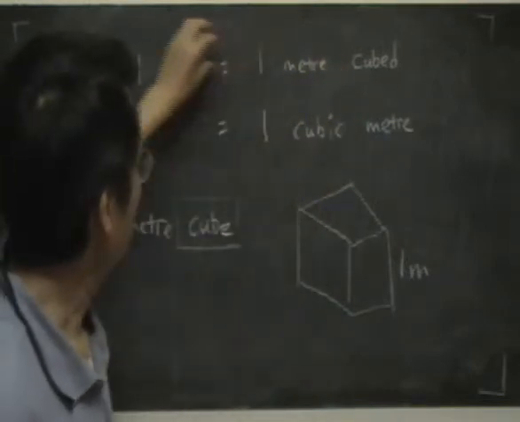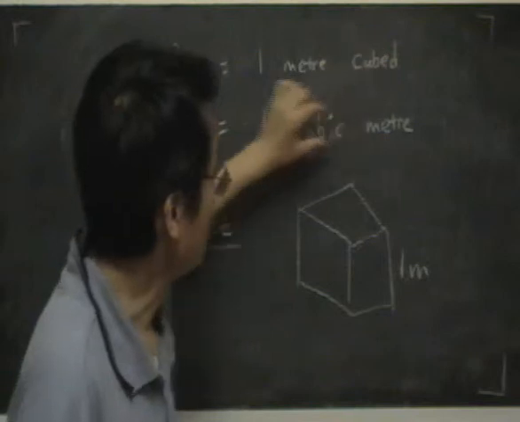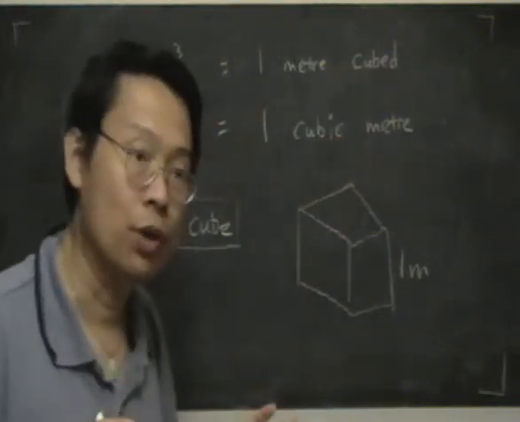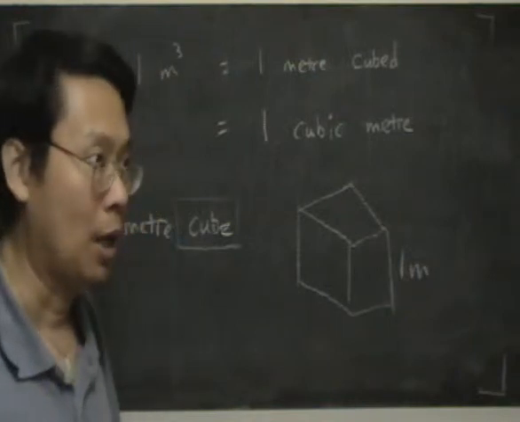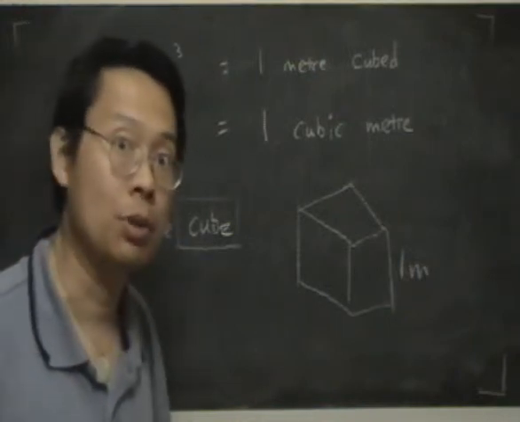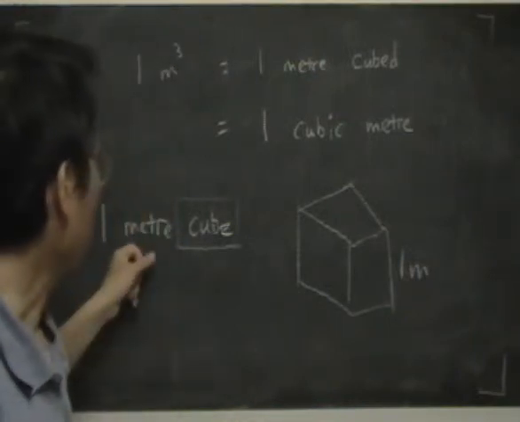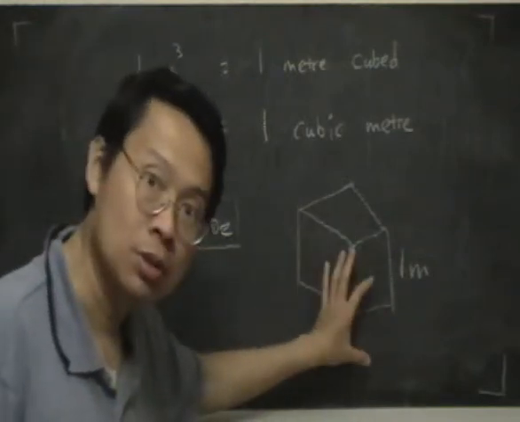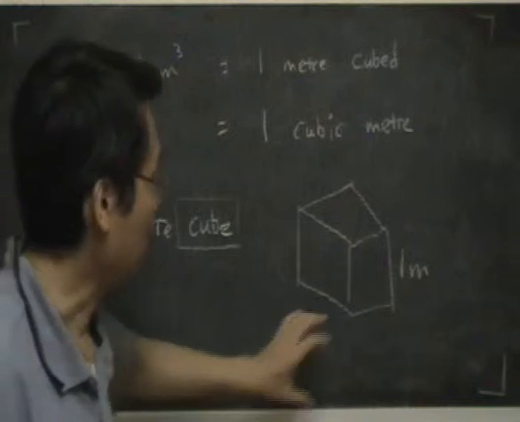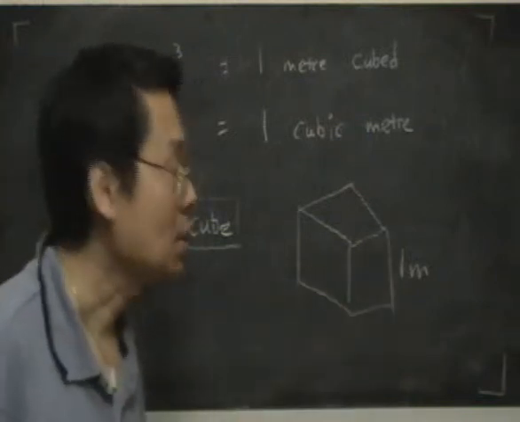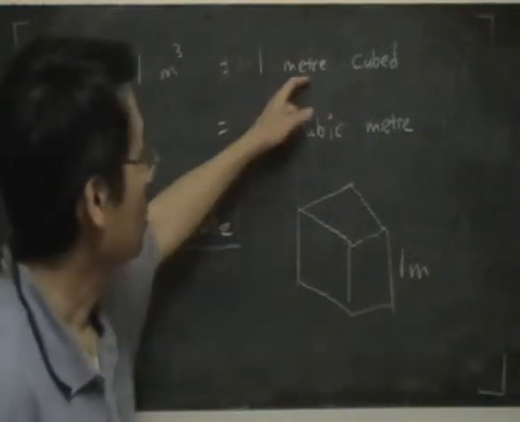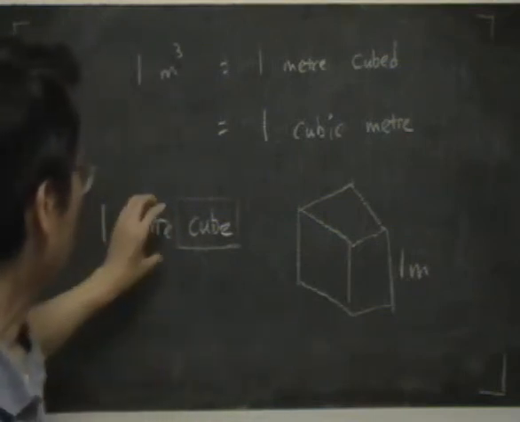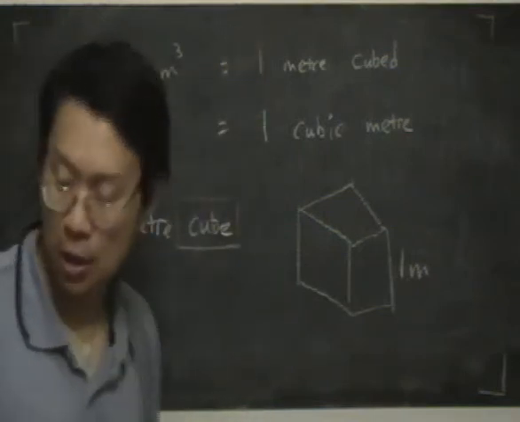So these two terms refer to a volume of any shape. But when you say 1 meter cube, it refers to a cube that happens to have a side of 1 meter. So you need to see the difference between these two terms.